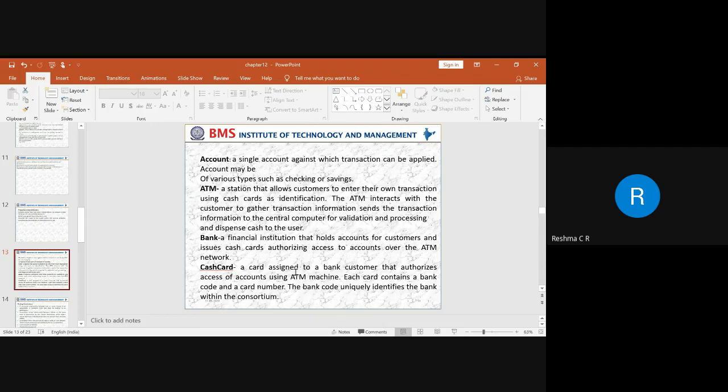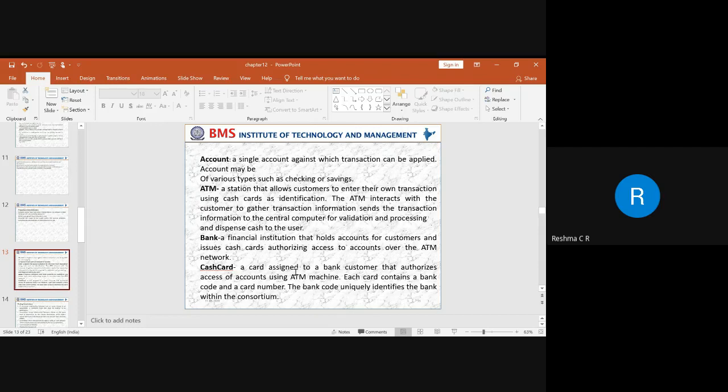It will be authorized by the bank, and the cash card contains information. What type of information does a cash card consist of? It consists of a bank code and a card number. By using the bank code, our transaction can be performed on any ATM machine.